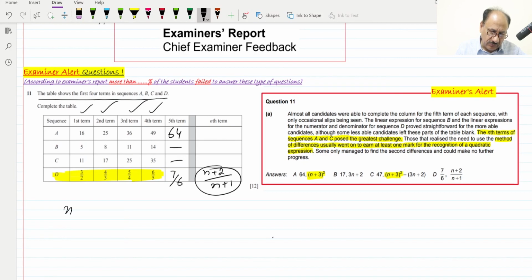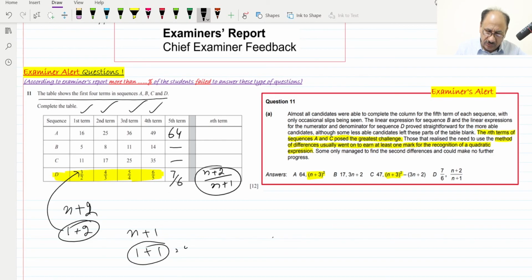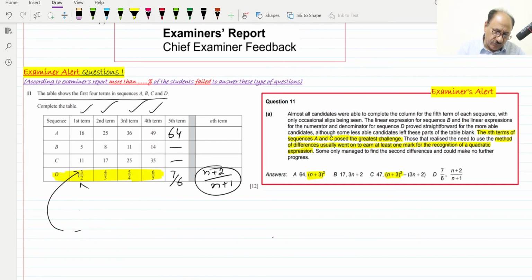For example, for the first term n is equal to 1, it will be 1 plus 2, which is equal to 3, which is the numerator portion, and for the denominator portion n plus 1, n is equal to 1, so 1 plus 1 will be equal to 2, and this will be the denominator portion. So this is how we can figure out the nth term also for this.